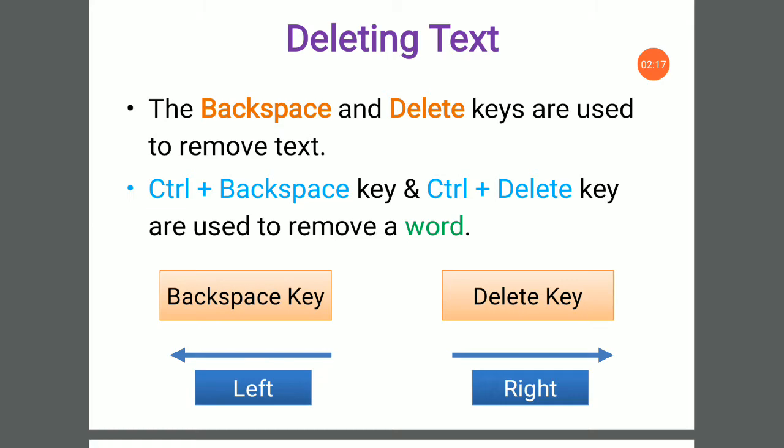Both are used to remove or erase text on the screen. But the backspace key is used to erase the character to the left of the cursor. But if you want to erase the characters to the right side of the cursor, you need to press the delete key. Okay?